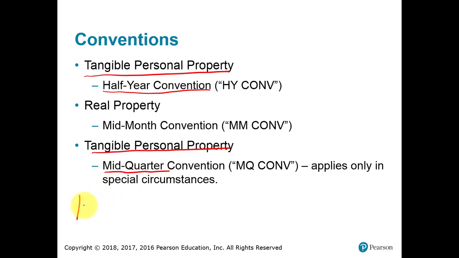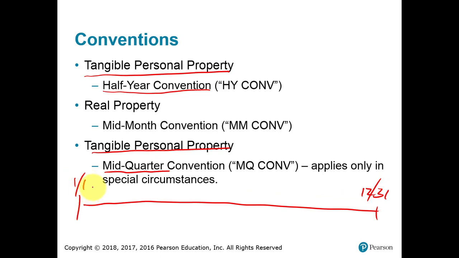So let me illustrate that by a timeline. Here's the end of the year, December 31st. Here's our beginning of the year, and we divide it up into quarters. So here's the beginning of the second quarter, this is April 1st. Here's July 1st. Here's October 1st.